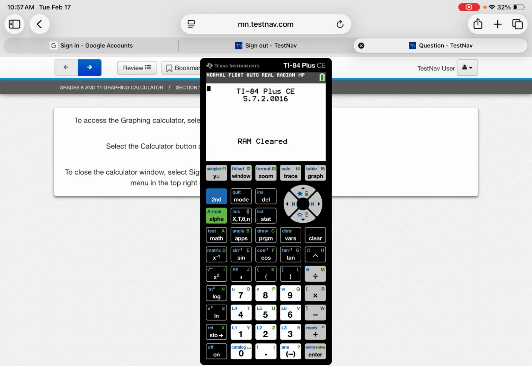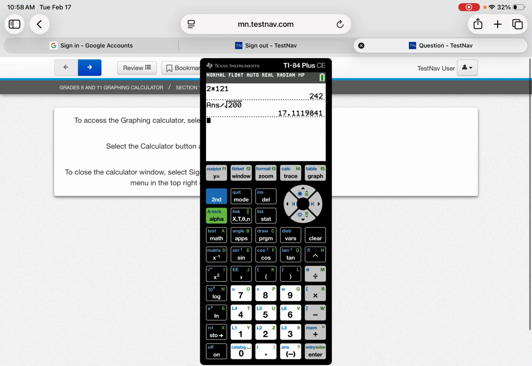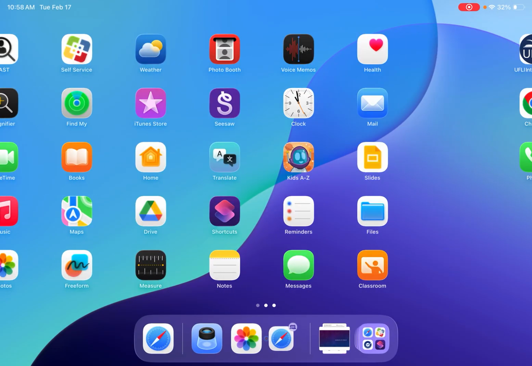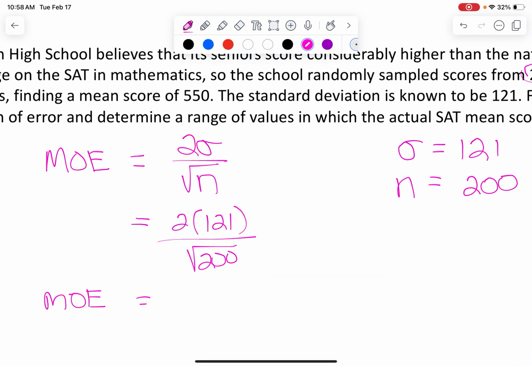We're going to go 2 times 121, and divide that by the square root of 200. So we get 17.11. We're going to say the nearest score, since that's how SAT scores come in, so we'll say 17. So the margin of error is 17.